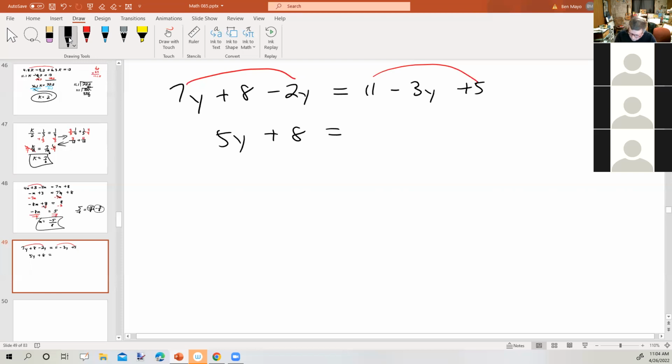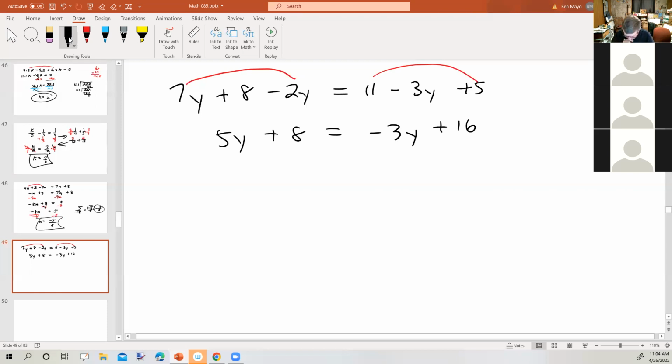On the right side of the equation, negative 3y, and then 11 plus 5 is plus 16. Notice I'm writing the expression on each side of the equation in standard form. I'm putting the variable term and then the constant term.